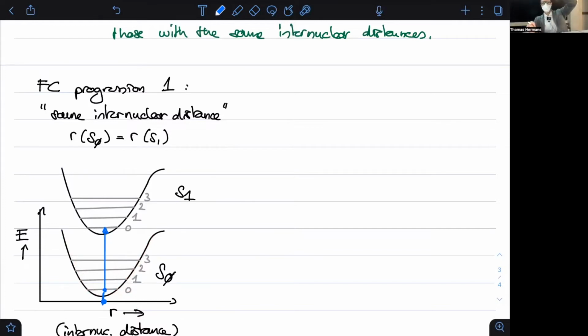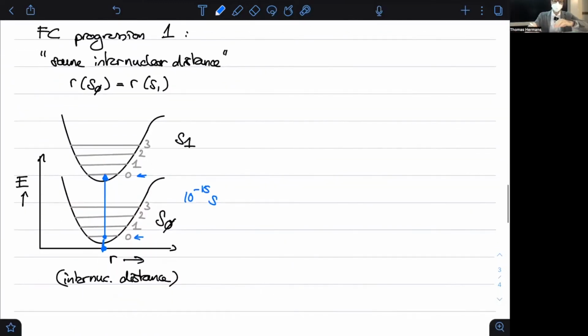You cannot change the internuclear distance while you're doing a photophysical process. While I'm absorbing in 10 to the minus 15 seconds, way faster than vibrations, the molecule cannot restructure on that time scale. So I can only go straight vertically up. If I do that here, I go from the 0th vibrational level to the 0th vibrational level, because I will go to whatever is the lowest energy level that I can actually enter.